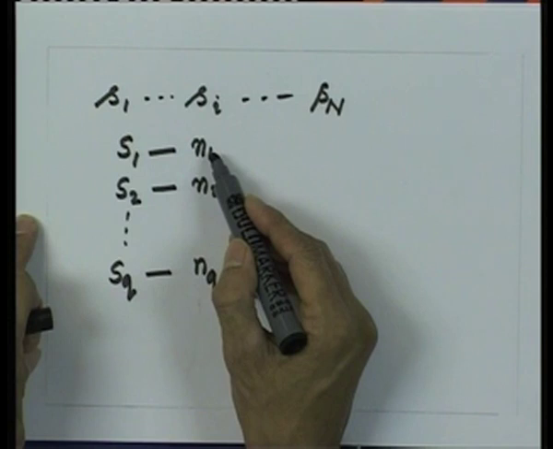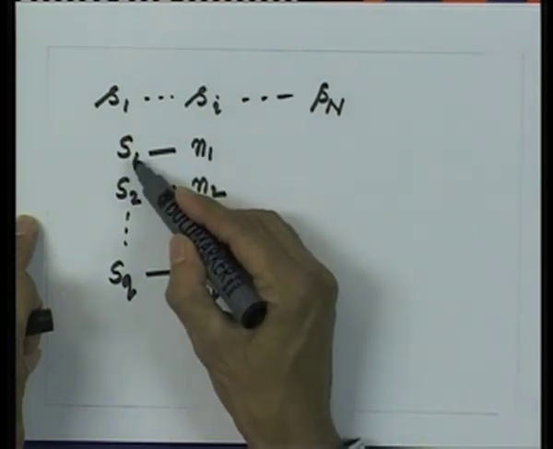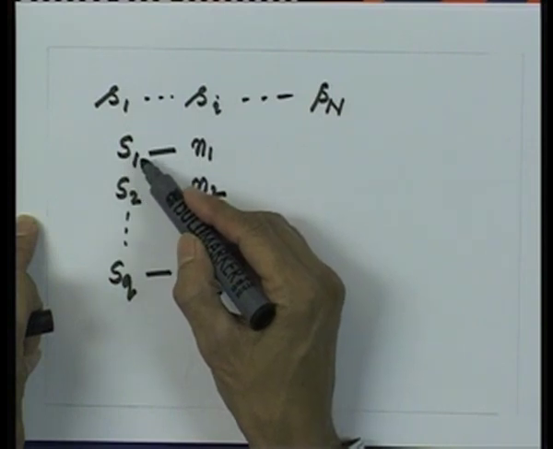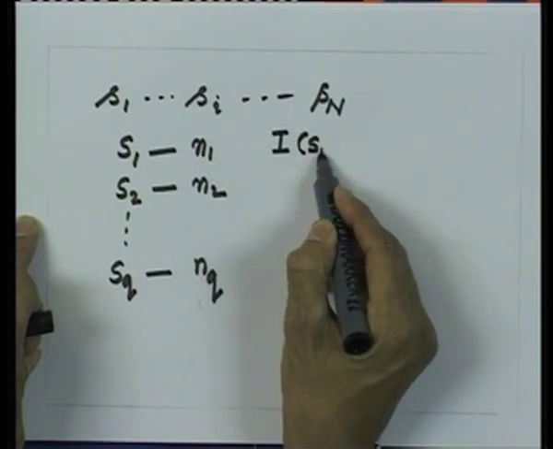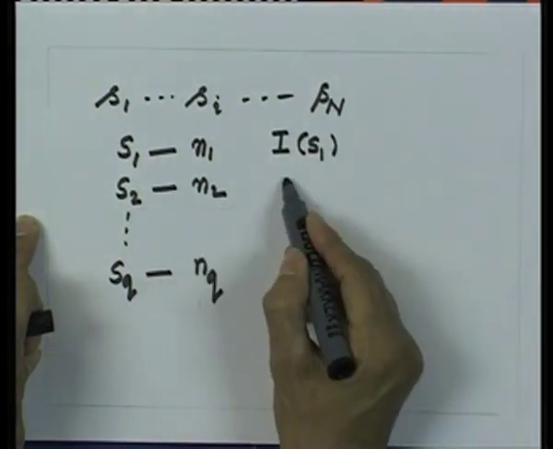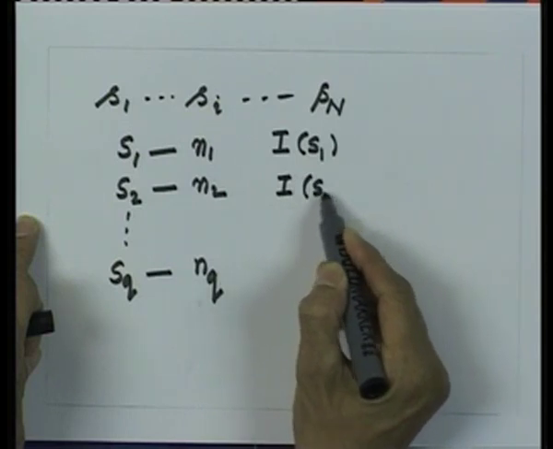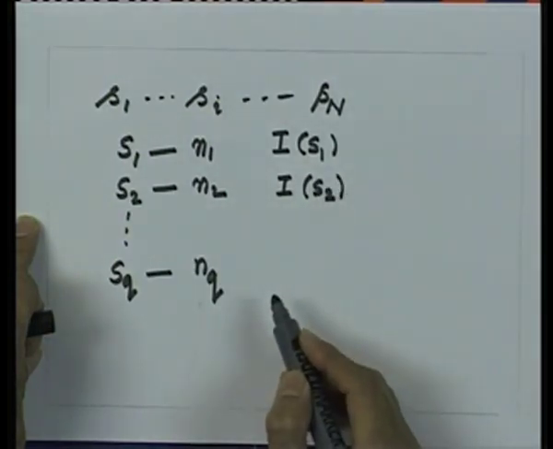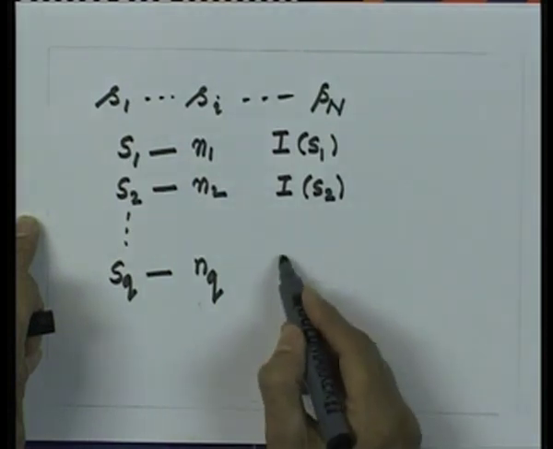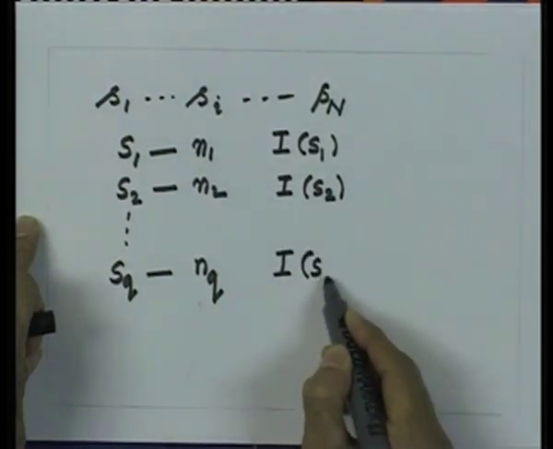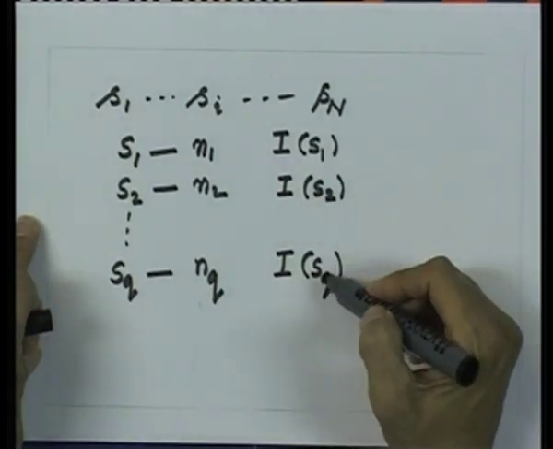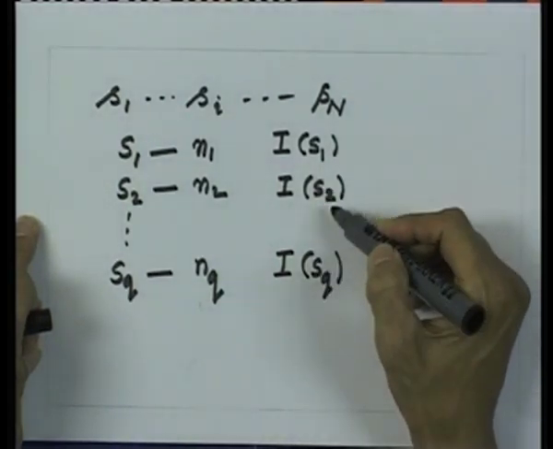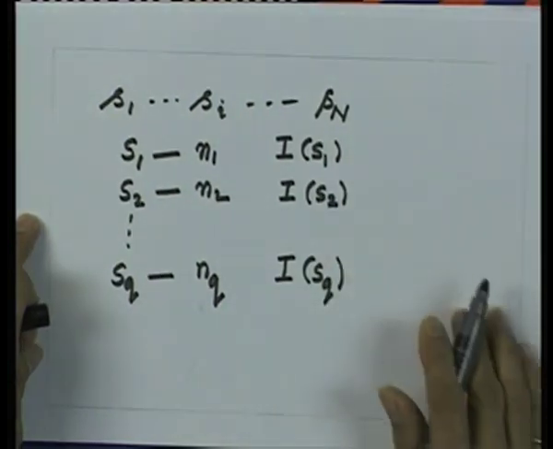With each occurrence of symbol S1, the information associated to that S1 would be I of S1. Similarly, whenever S2 occurs, I can find out what is the information which I get from the occurrence of S2, and similarly for I of SQ. These are the information which I get when a particular symbol occurs.